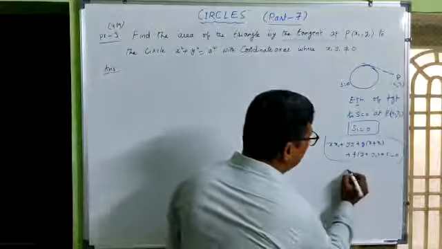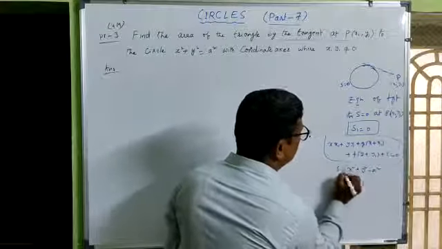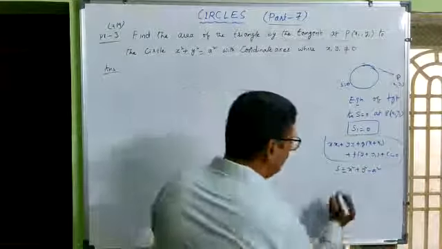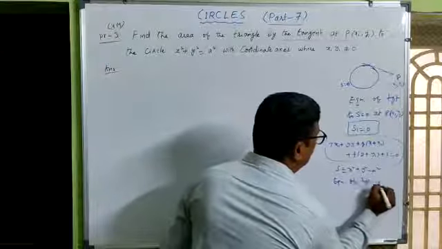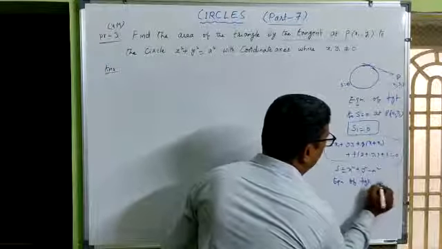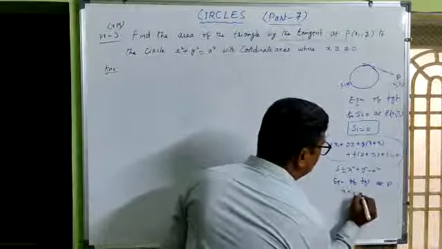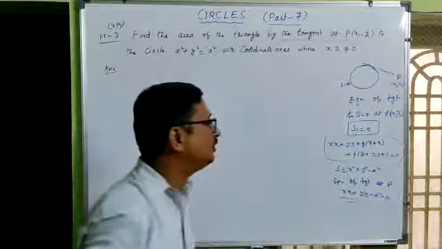If the circle is x square plus y square minus a square, for suppose the circle equation is x square plus y square minus a square. So equation of tangent at P is x x1 plus y y1 minus a square is equal to 0. These things you have to observe.